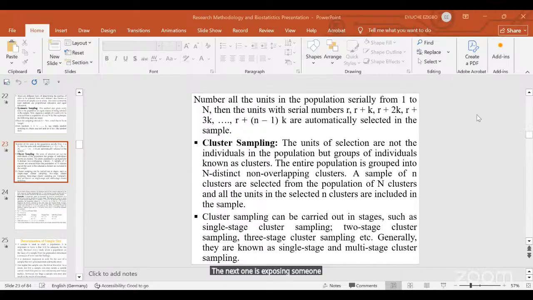Purposive sampling. And what is purposive sampling? It has another name, which is called judgmental sampling.